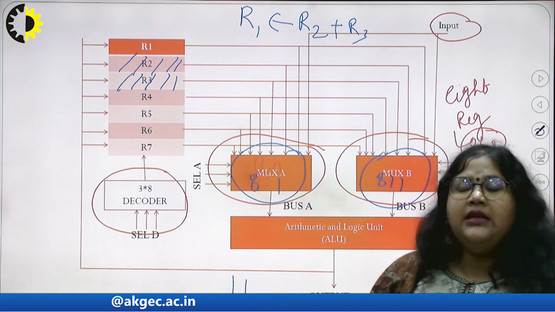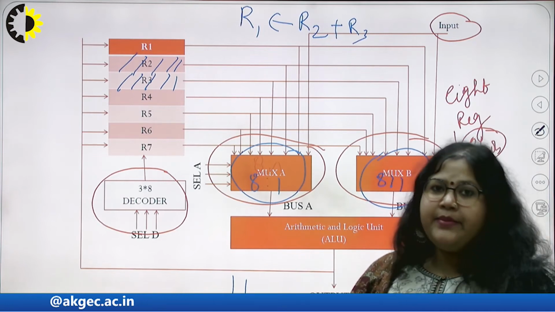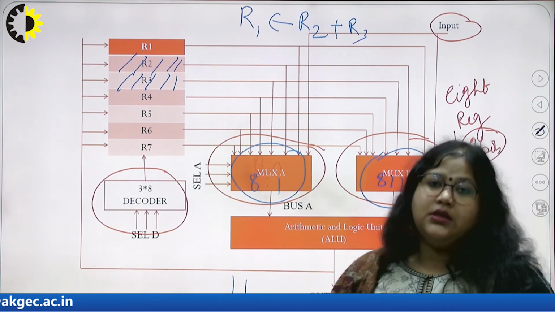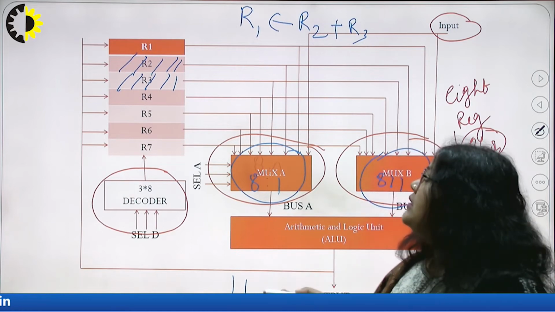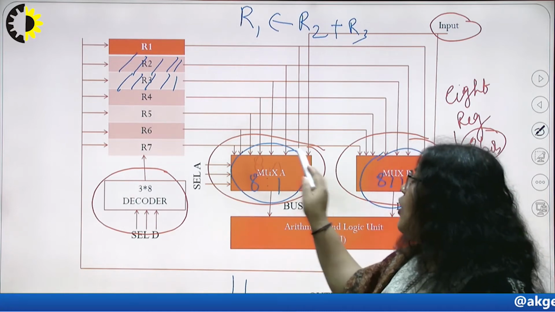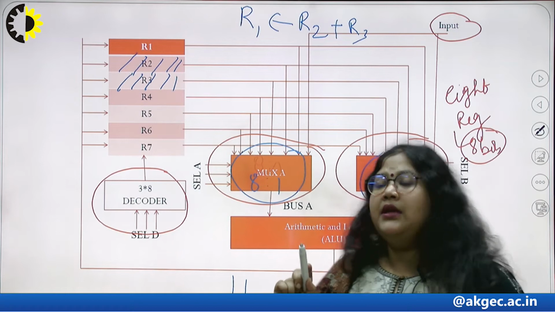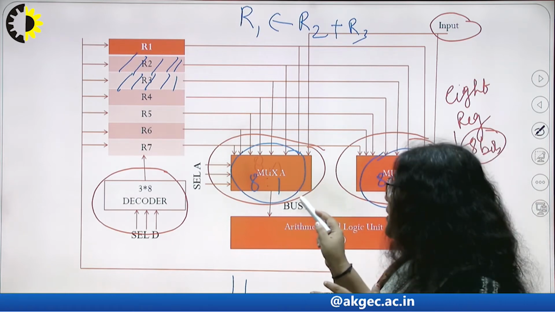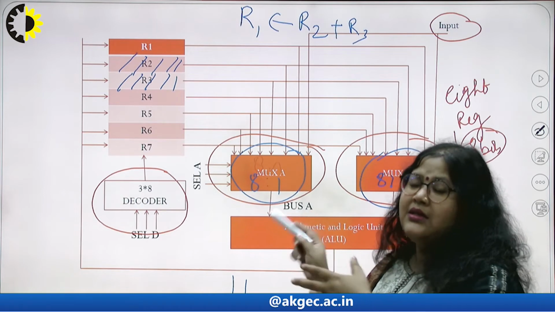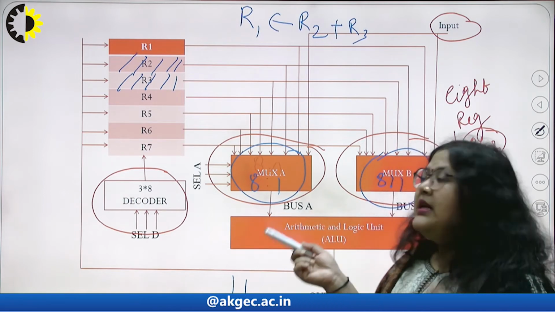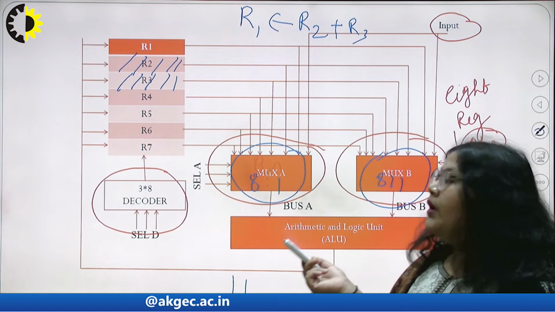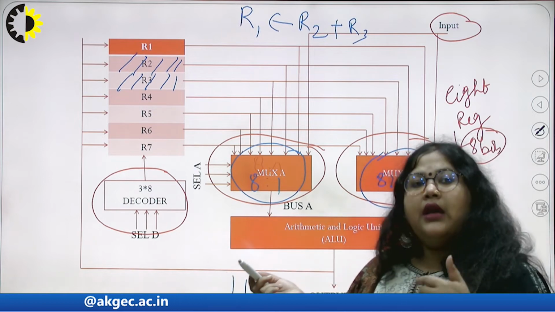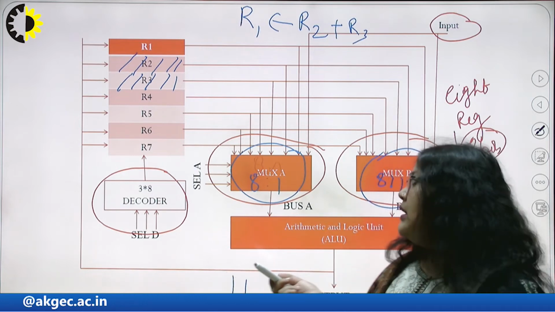Each register has 8 bits. So when we select the register R2, 8 bits are received by mux A, because there is not a single mux but 8 muxes, receiving the 8 bits of register R2.